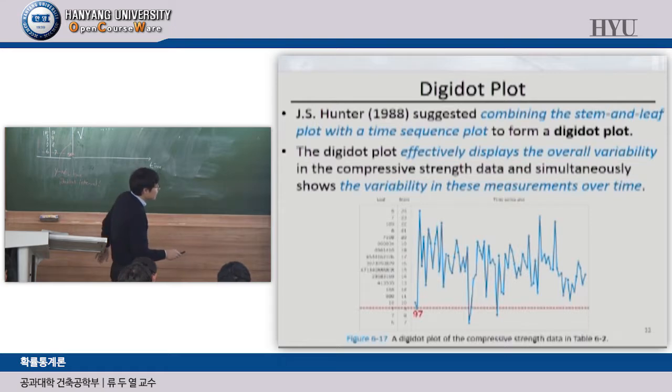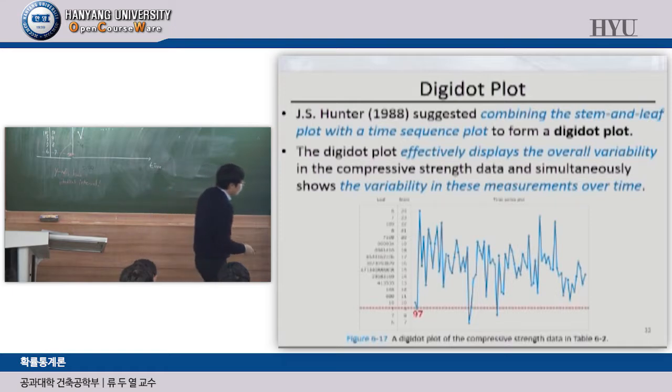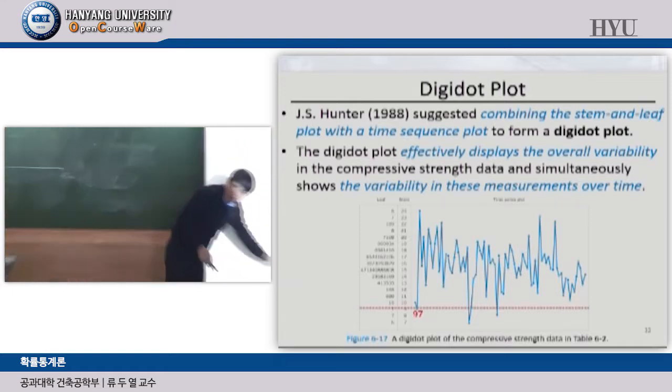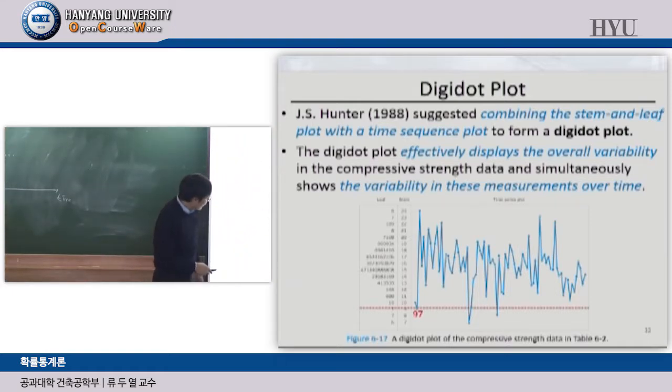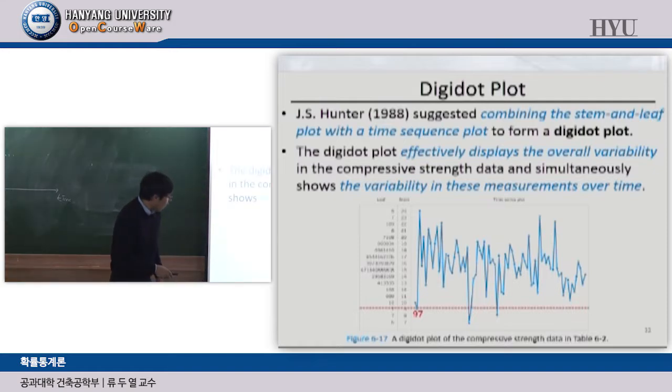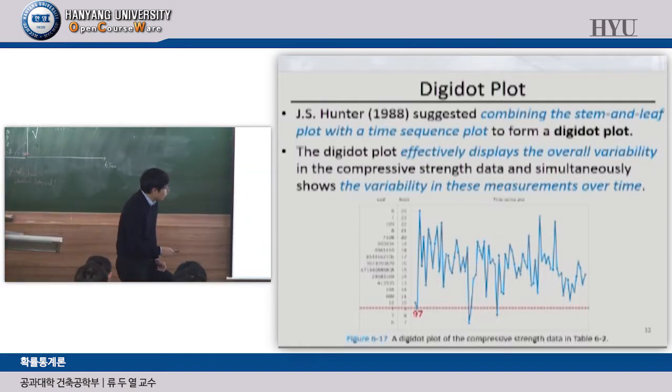So, from this stem and leaf diagram, we first can simply know the distribution of the data point here, right? And we can simply draw a conclusion that the alloy specimens have the compressive strength between 100 to 200, okay? Because there are the most data points here.